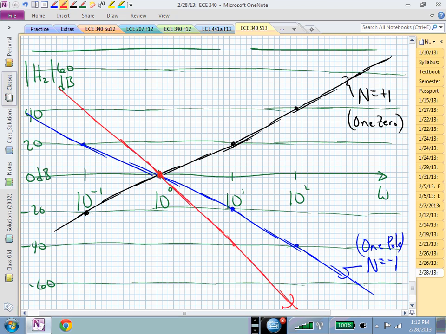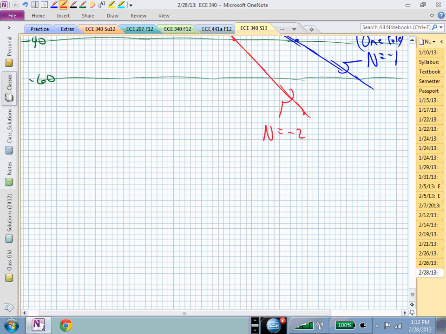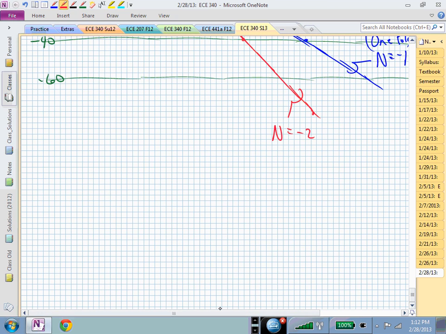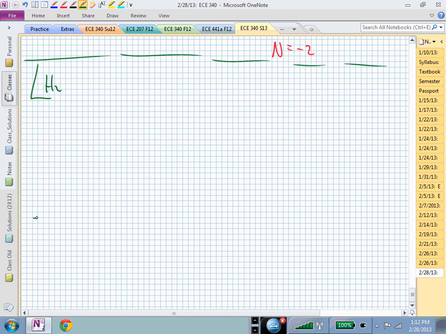Now, what about the phase? What's the phase plot look like? First, we start with our straight line, don't we? And that should be lined up with our magnitude axis, which it probably isn't since I've already slid it off the screen.